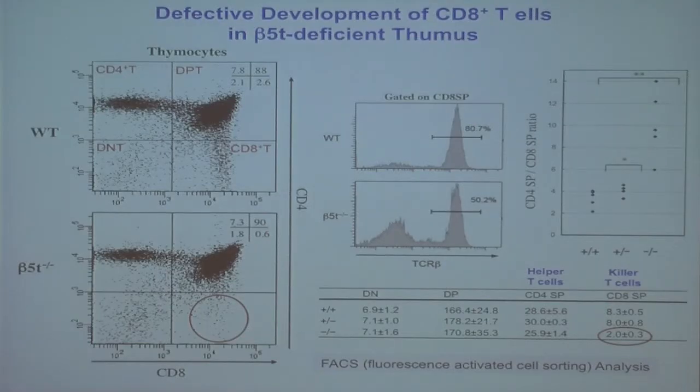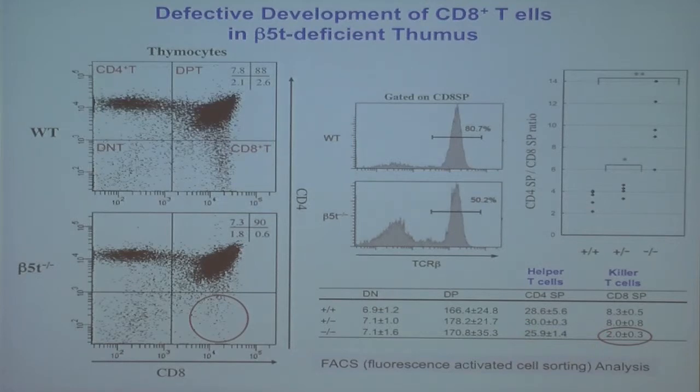The most important point is the thymocytes analyzed by flow cytometry. As you can see, the double negative, double positive, and CD4 single positive cells remained unchanged in amount. On the other hand, as you can see here, CD8 T lymphocytes were reduced greatly.